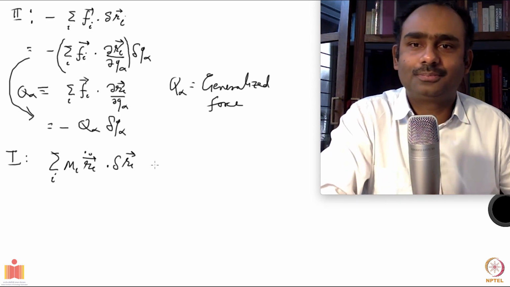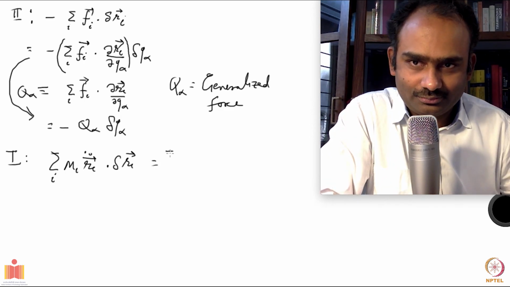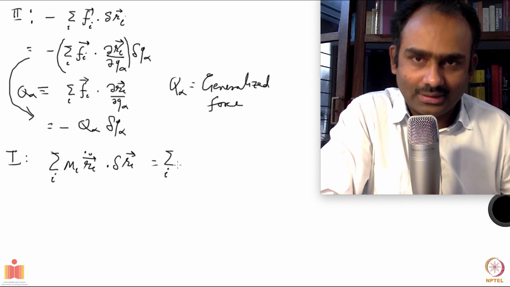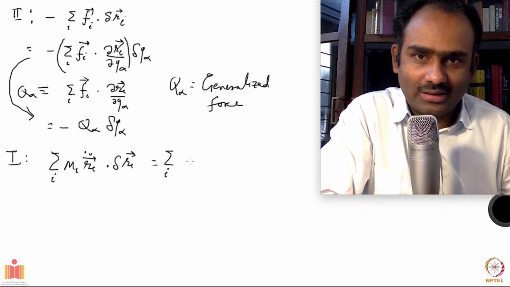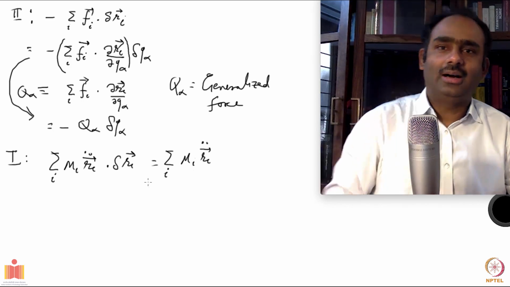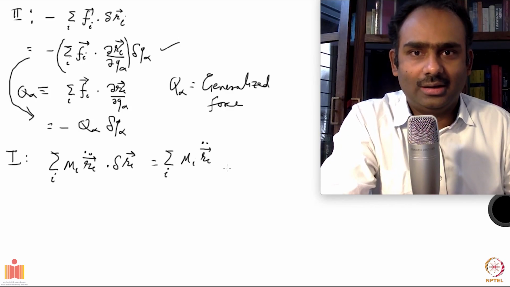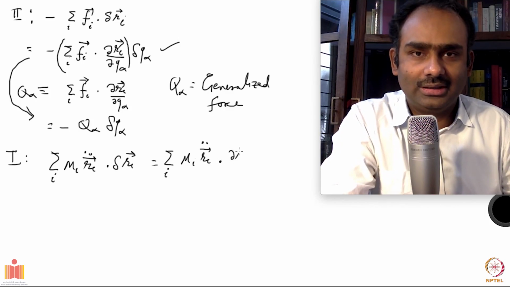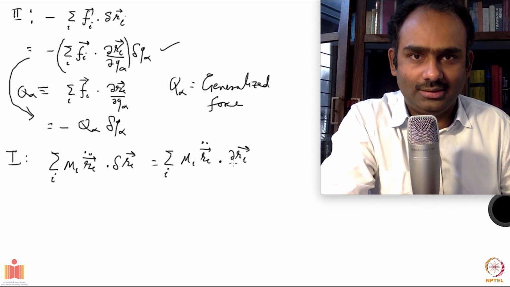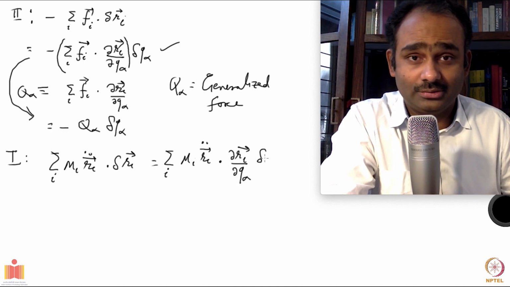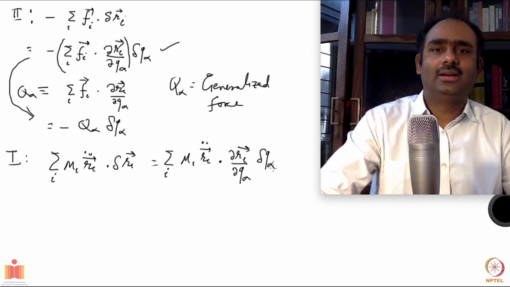That's correct. Now this thing I will write as mi. Again for delta ri I will do what I did here. I will write del ri over del q alpha, delta q alpha. That is fine.